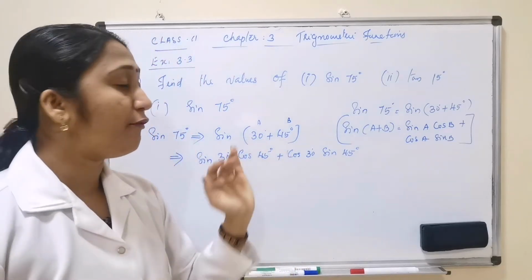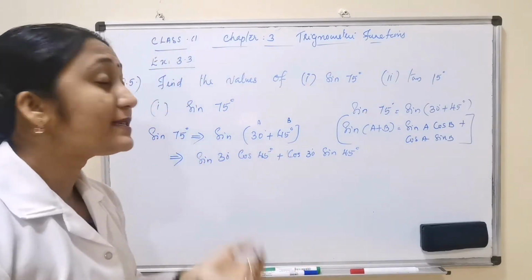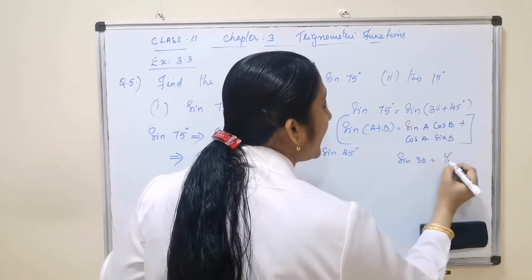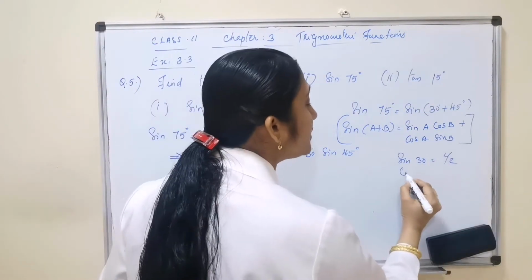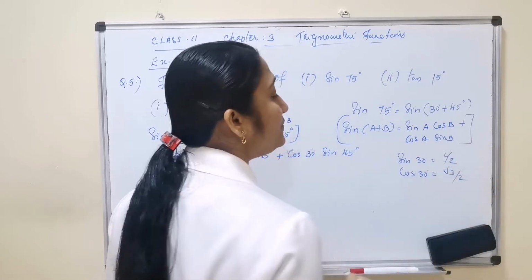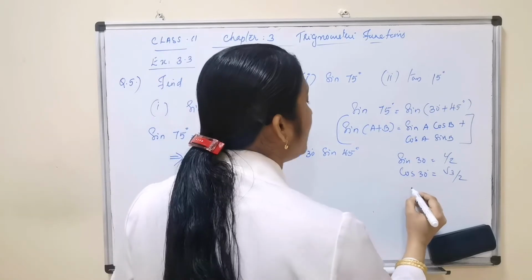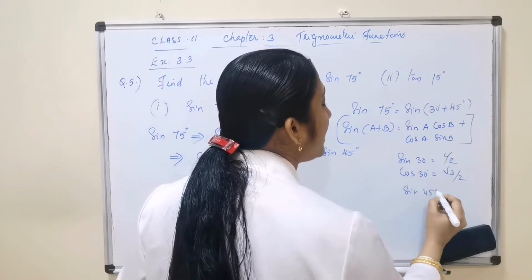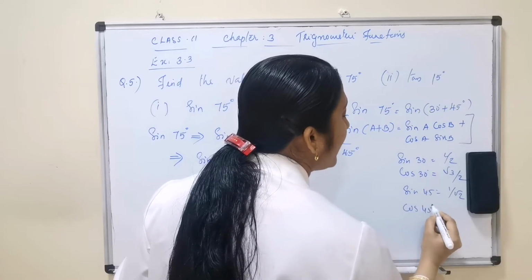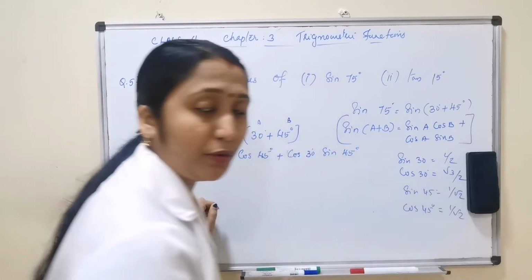Let us substitute the values. We know sine 30 is 1 by 2 and cos 30 is root 3 by 2. Sine 45 is 1 by root 2 and cos 45 is also 1 by root 2.